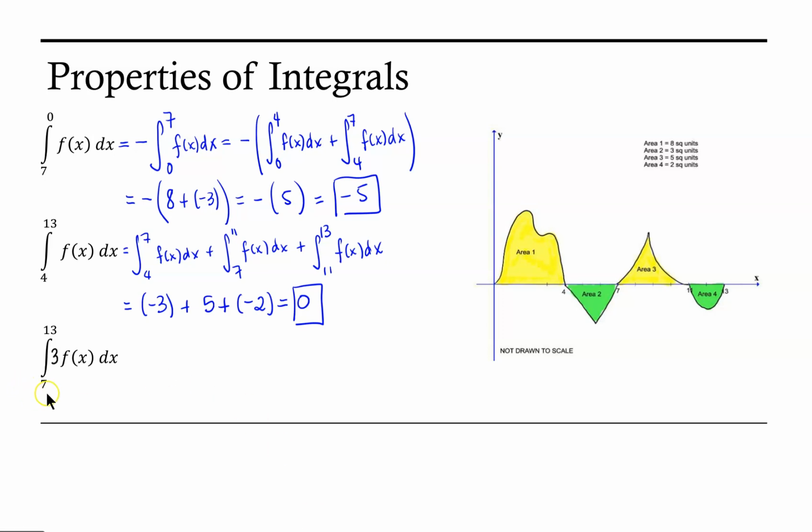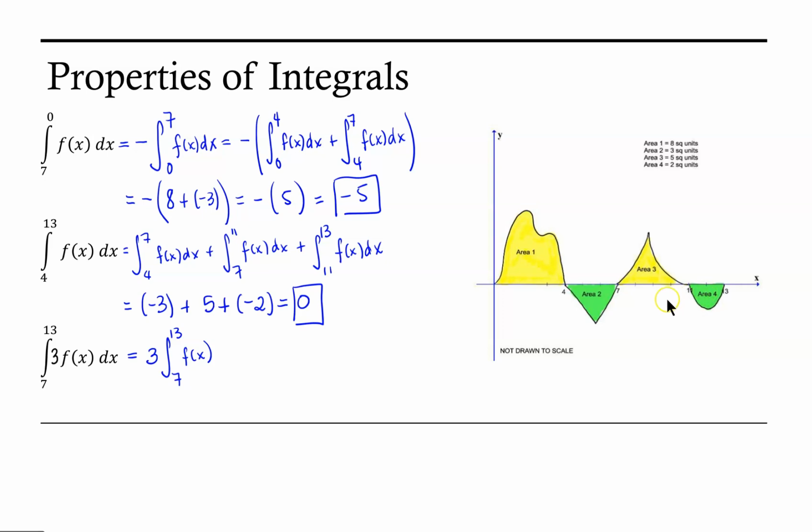We have the integral from 7 to 13 of 3 times f of x dx. So first thing we'll do is factor out that 3. So we have 3 times the integral from 7 to 13 of f of x dx. And then as we look at the graph, we see from 7 to 13, 2 separate regions.